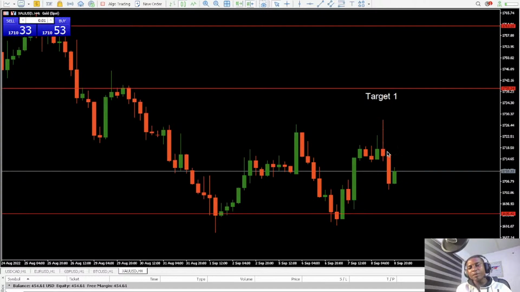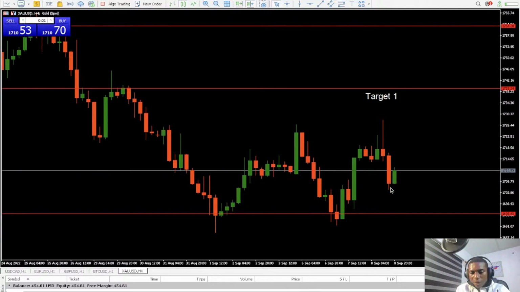You can see this bearish pin bar, which signifies downward rejection. These are sellers pushing back the price, followed by a fully bodied bearish candle.